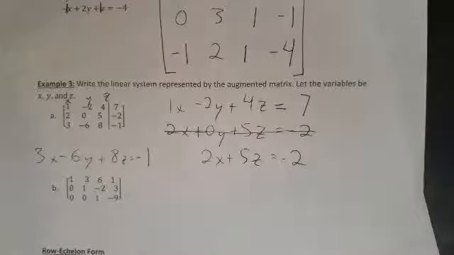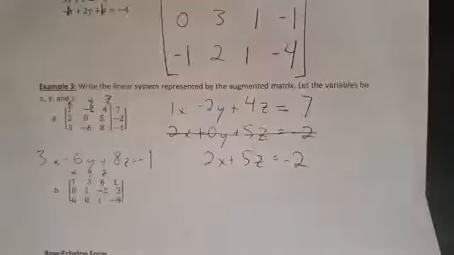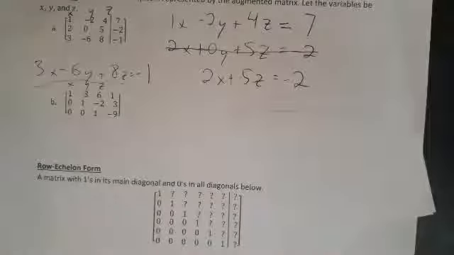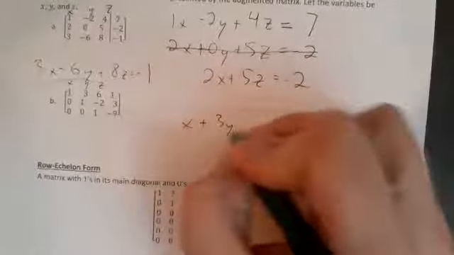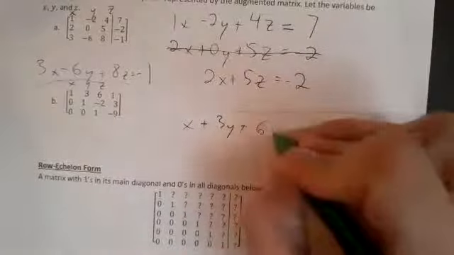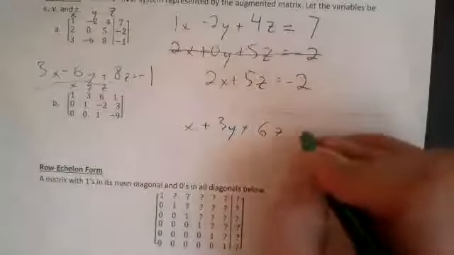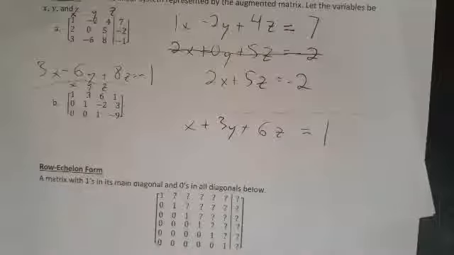Okay. Now we're looking at this thing, x, y, z. So this first line is giving me x plus 3y plus 6z. It doesn't have a line, but that's okay. I know I just have x, y, z. So this has to be the equal sign, and that has to be 1.